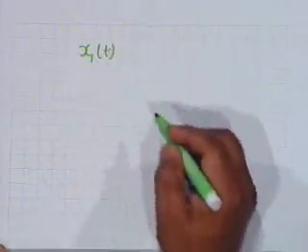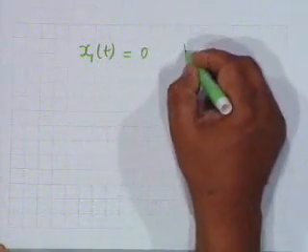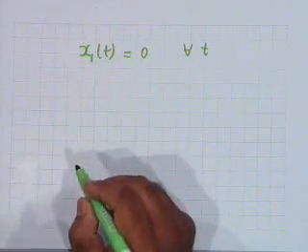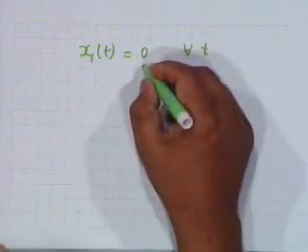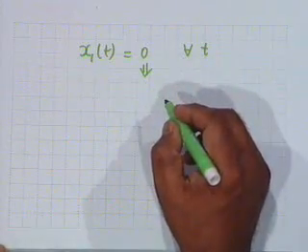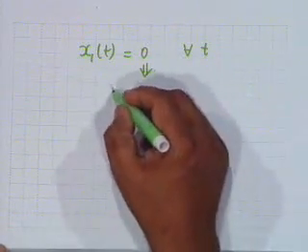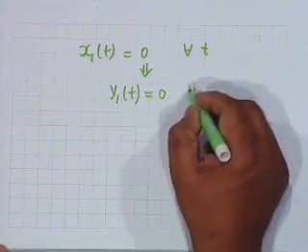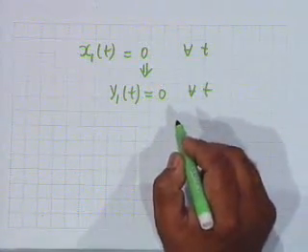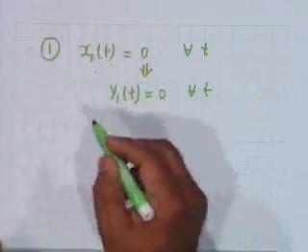And for that purpose we consider two inputs. One is 0 for all t. Now this implies that since we have assumed that the system is linear, y1 of t, the response, should also be 0 for all t. Agreed? Alright, this is one of the inputs.